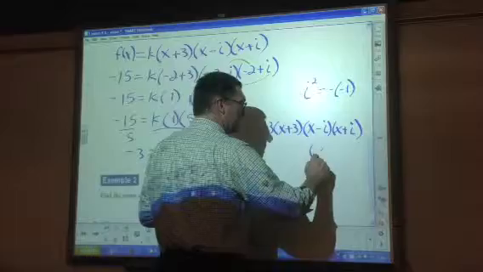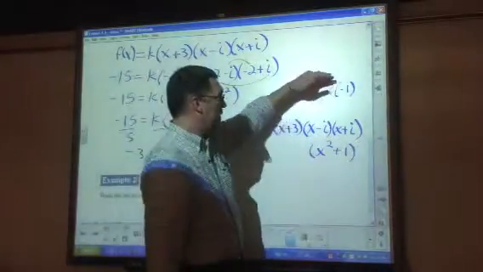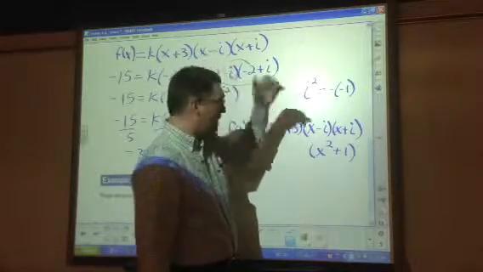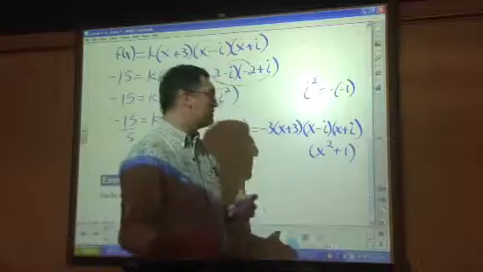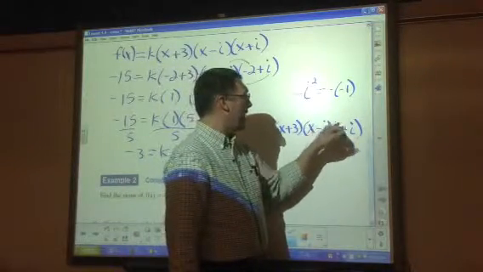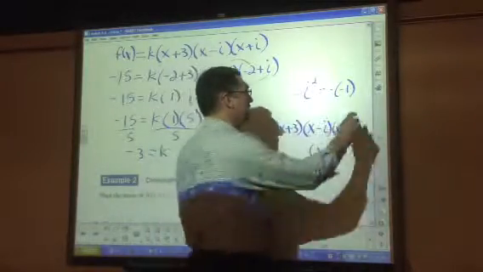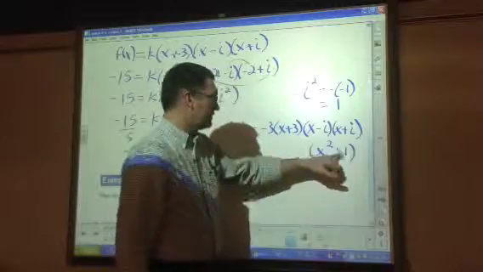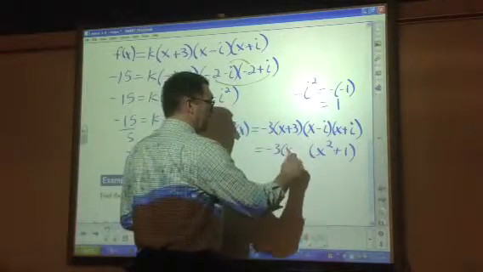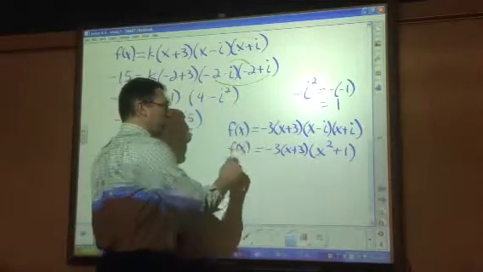So this part is just going to be x squared plus 1, for the same reason we had up here. You have x squared, we multiply x times x. The middle term is going to cancel because it's a difference of two squares. And then i times i is i squared, so we have negative i squared, which once again is equal to positive 1. So this would be x squared plus 1. So then you just have to finish that multiplication to find the actual function itself.